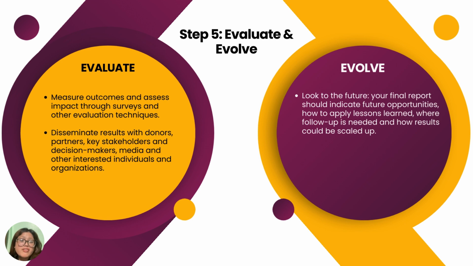on the stage of evaluation, the next step is to look ahead. Our final report will outline future opportunities, ways to apply lessons learned, resolutions and actions taken, areas perhaps requiring follow-up, and strategies for scaling up successes.